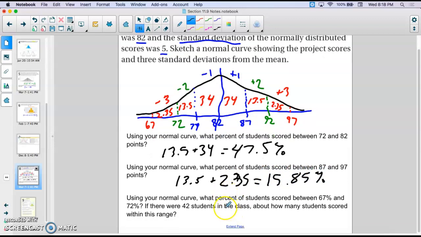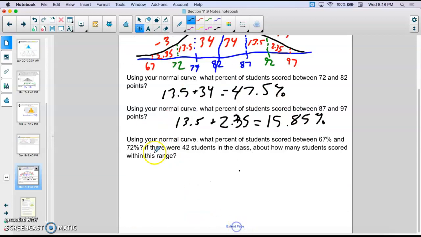Using a normal curve, what percent of students scored between a 67 and a 72? We'll start off with that 67 and 72. That's 2.35%. If there are 42 students in the class, about how many scored within this range? First off, we need to turn this into a decimal, so it's 0.0235.